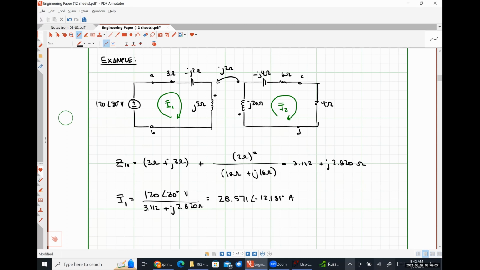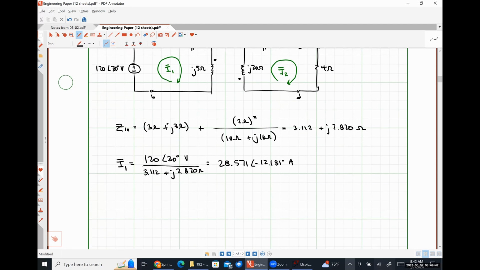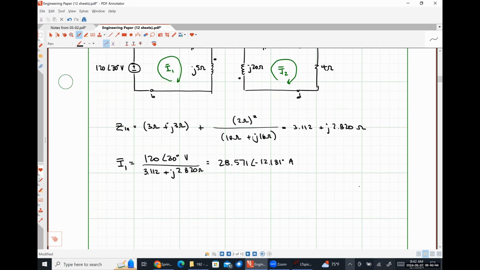Okay. Not really. So I'm going to write a KVL equation around mesh one. Okay. So this is what you were trying to do a moment ago. Yeah. So now do it.